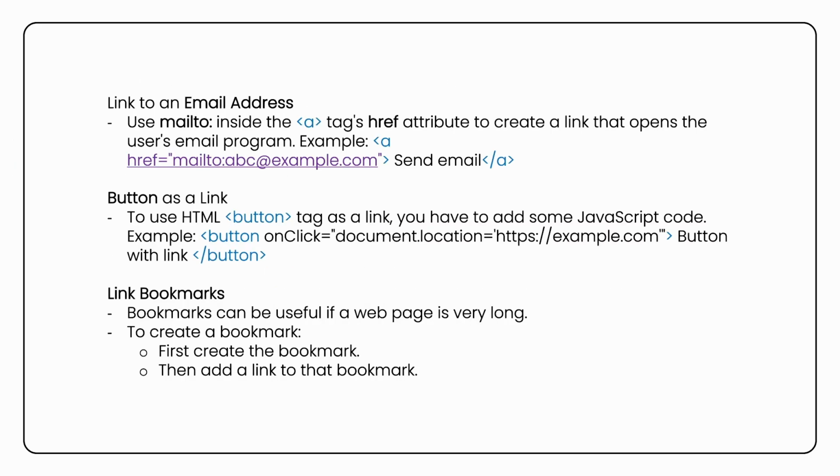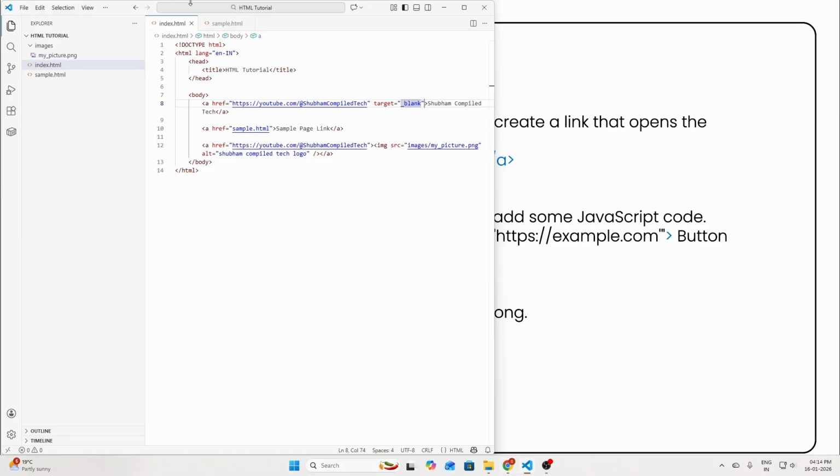Next, we have the link to an email address. We can use the special mailto: syntax inside the anchor tag's href attribute to create a link that opens the user's email program, basically to let them send a new email. So for example, let's go to our Visual Studio Code and let's define the width and height of the image here. Let's minimize it a little bit.